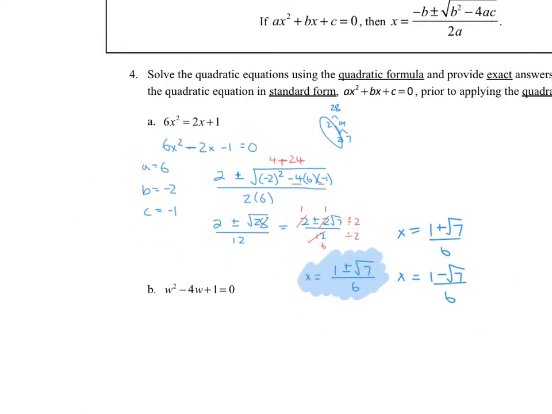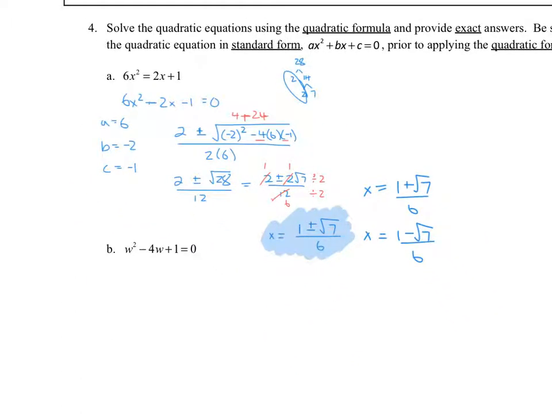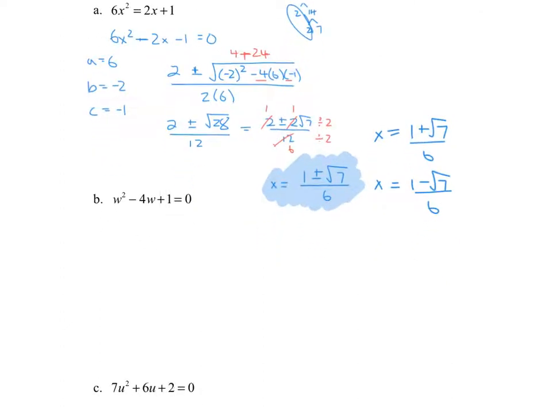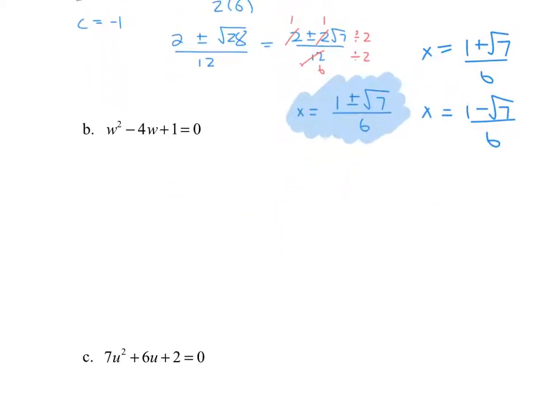Okay. In the next example, we already have 0 on one side, so we just need to identify our a, b, and c. A is 1, b is the number in front of w, negative 4, and c is 1.